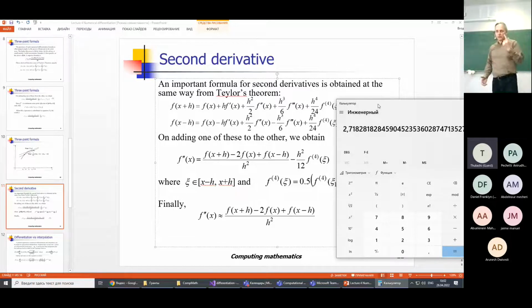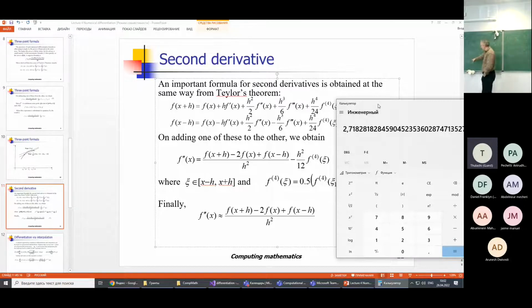What is the main difference between these two cases? Here, the exact value of the derivative is 6, and the formula that in theory gives us an approximated value gives us the same value, 6.